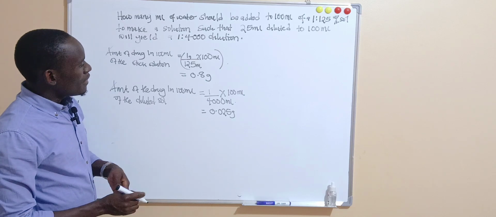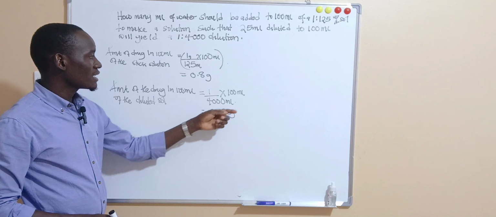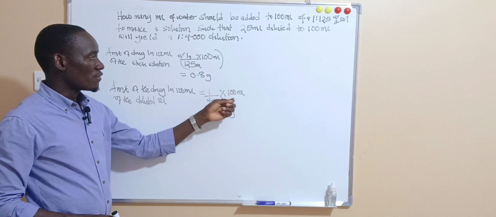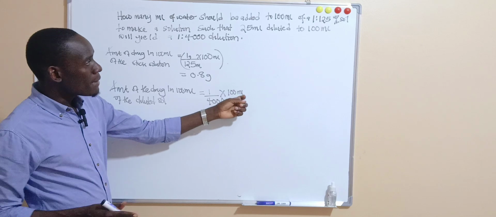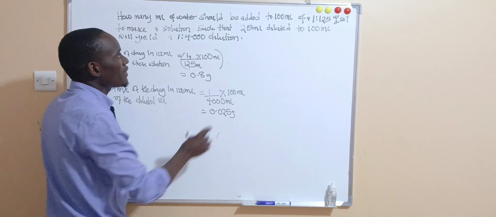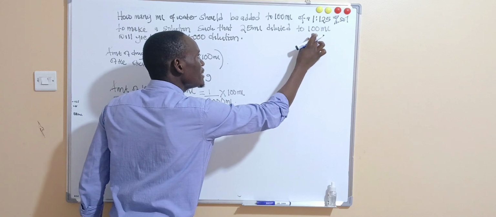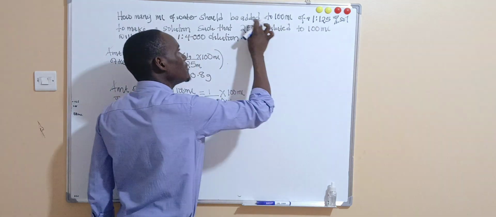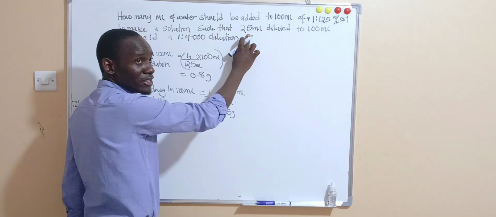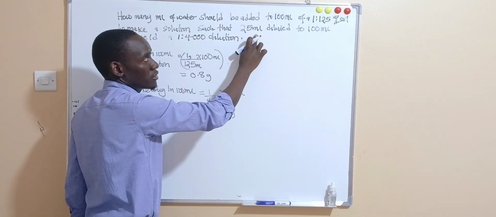So now that we know the amount of drug in 100 mils of the diluted solution, remember we said that since 25 mils was diluted to this, that means that the amount of drug in 100 mils is the same amount of drug in 25 mils of the stock solution.